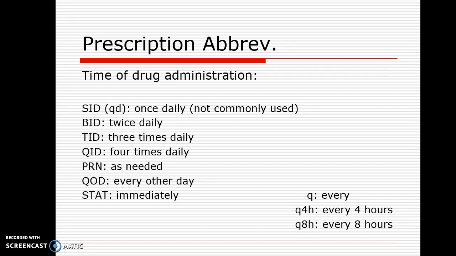And I'll point out that using Q 4 hours, Q 8 hours, that is probably better practice than using QID or TID. And the reason I say that, at least as far as communicating to an owner, and some drugs you definitely want to be in those intervals. It's really a better practice to do it by how many hour intervals it is. When you ask an owner to give something twice a day, they may think in terms of convenience for themselves, and they will have to in the end.